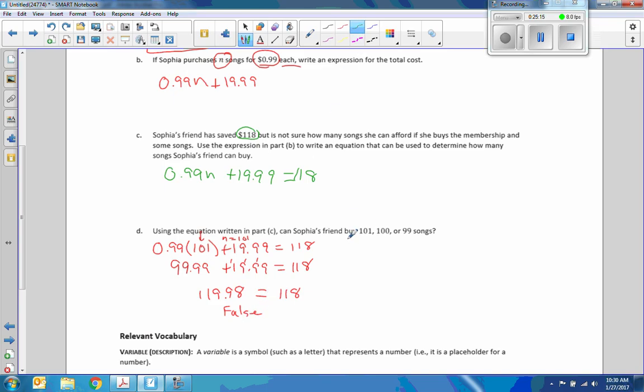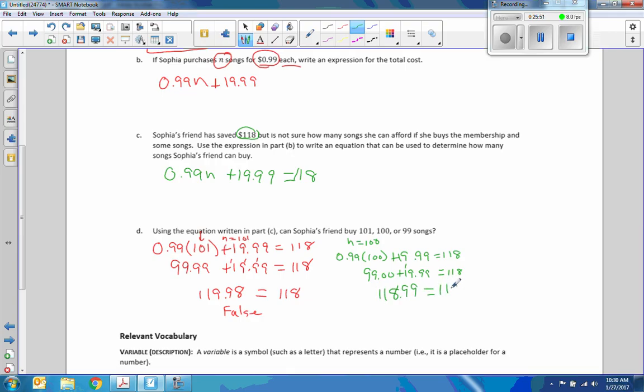Now we're going to let n equal 100 and write 0.99n, which is 100, plus 19.99, and see if it equals 118. So 99 cents times 100 is $99, plus 19.99 equals 118.98.